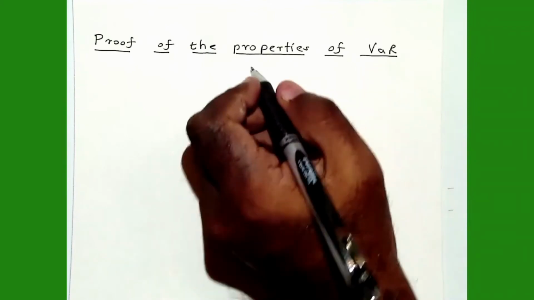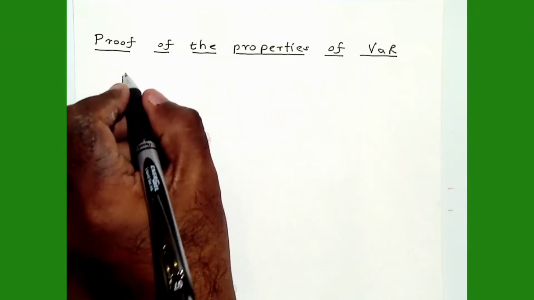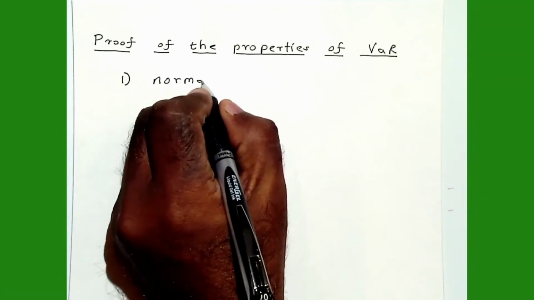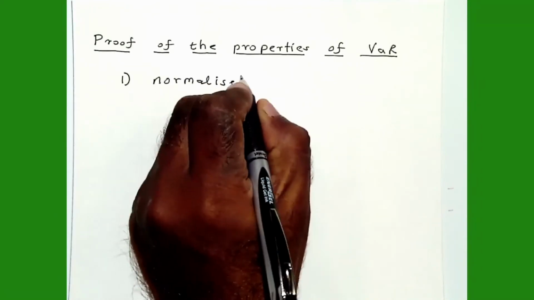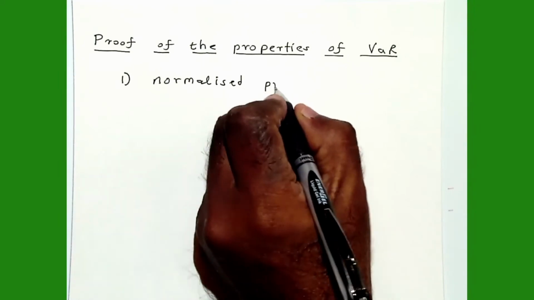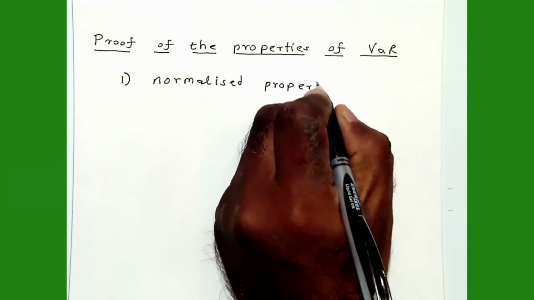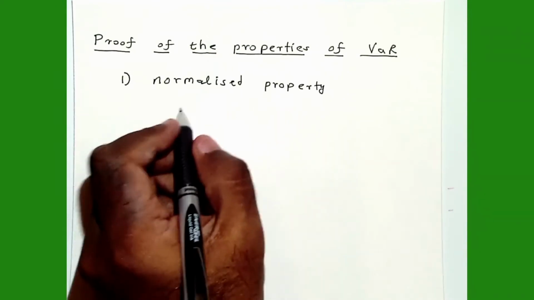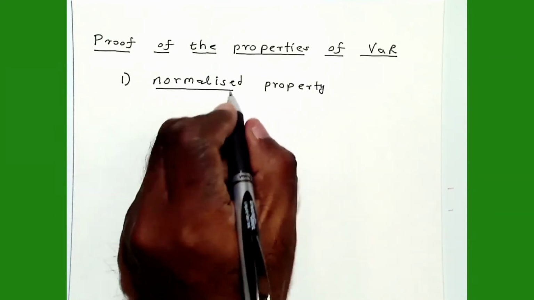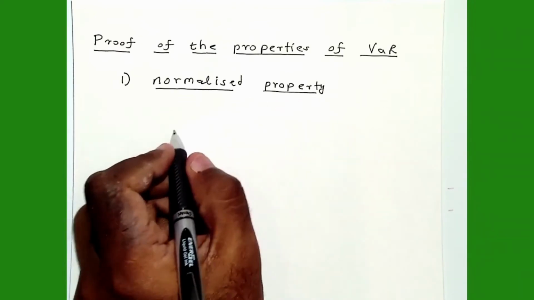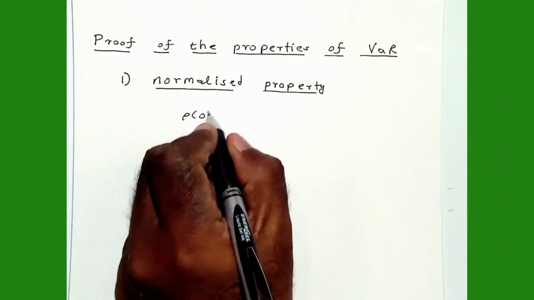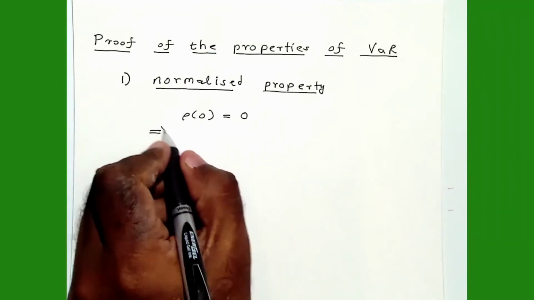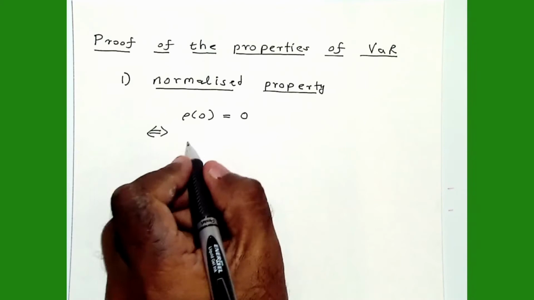Right. So the first property is the normalized property. I hope you remember. Now, the normalized property says that rho at 0 must be 0. But for VaR, rho is the VaR function.